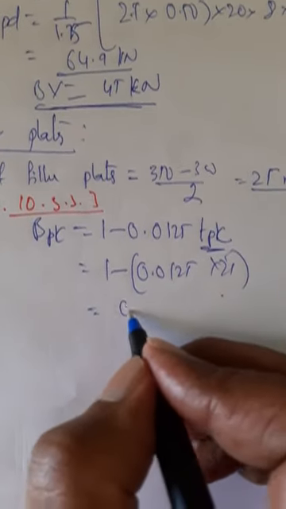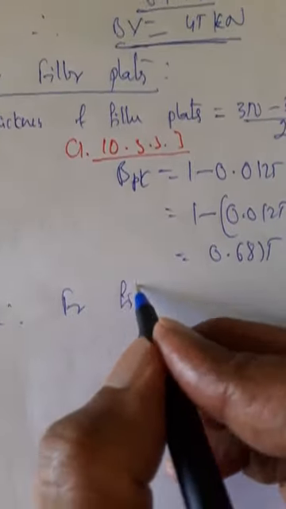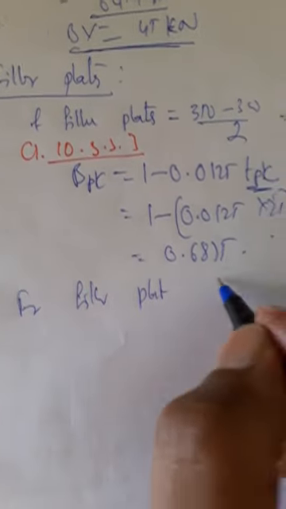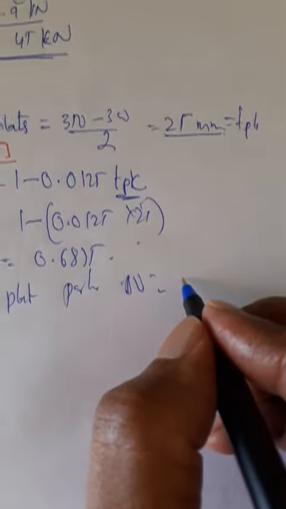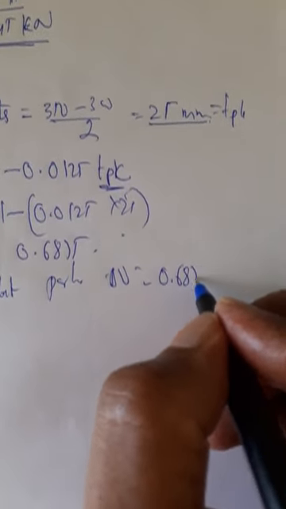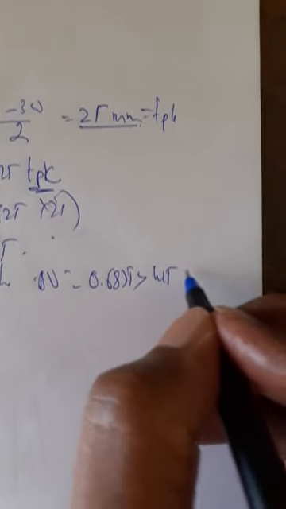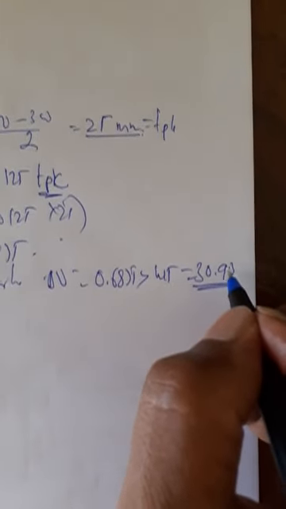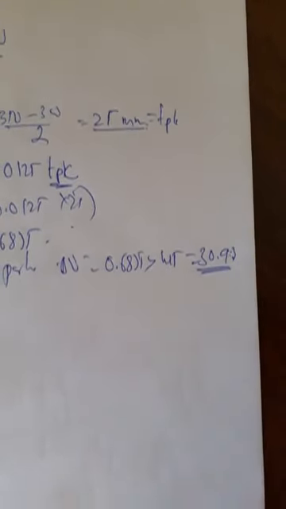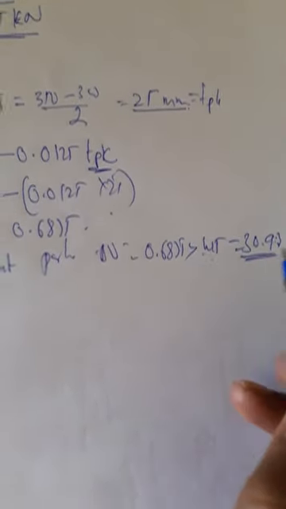So you have the answer 0.6875. Therefore, for filler plate portion, bolt value is given by 0.6875 beta B into bolt value. Bolt value is 45. You have the answer 30.93 kilonewtons. So this much is the bolt value for filler plate only. For other values I am going to use 45 kilonewton as bolt value.